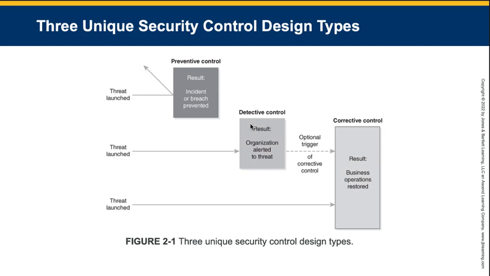Next we have detective control, where it will trigger a signal alerting the staff or the business. And lastly, we have corrective control, where the result is restored. All this is how we mitigate risk exposure.